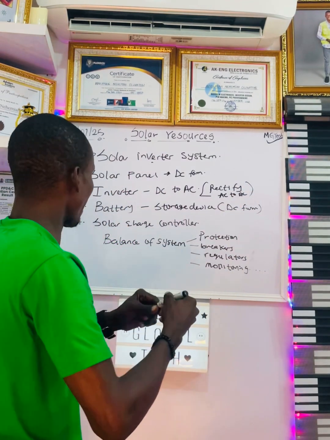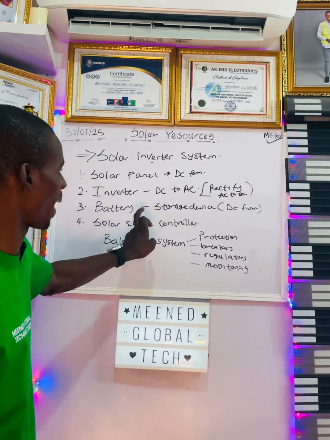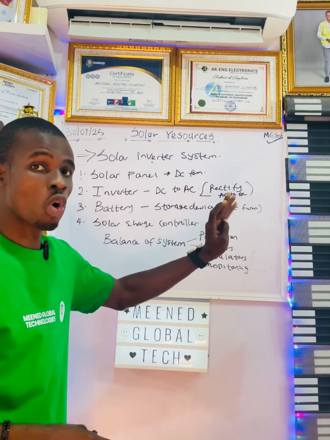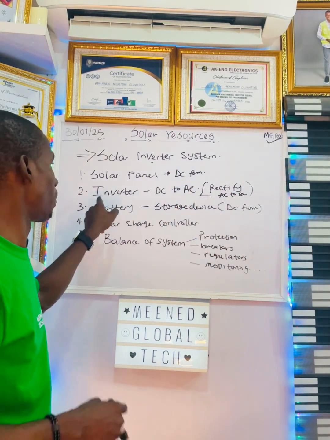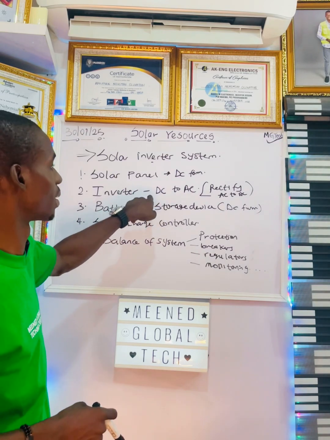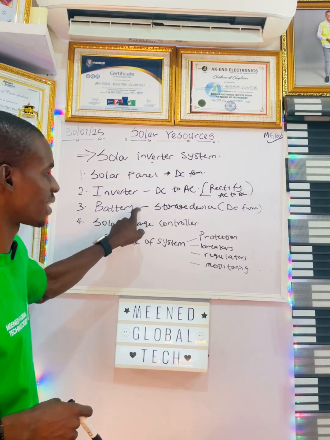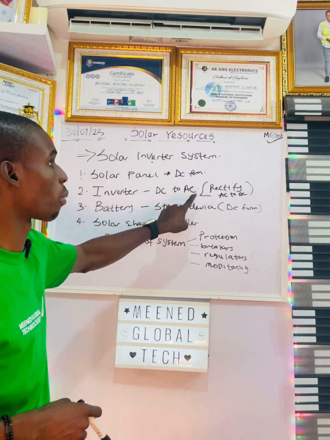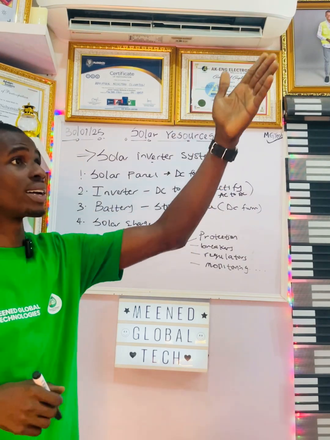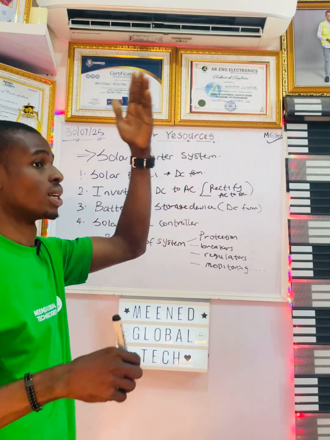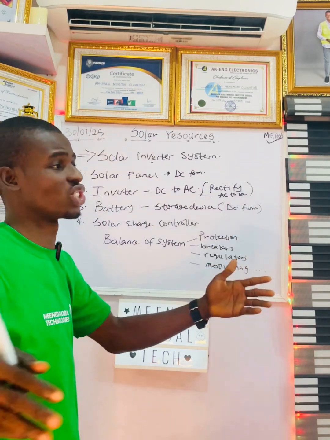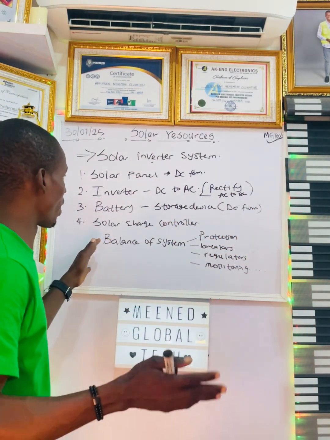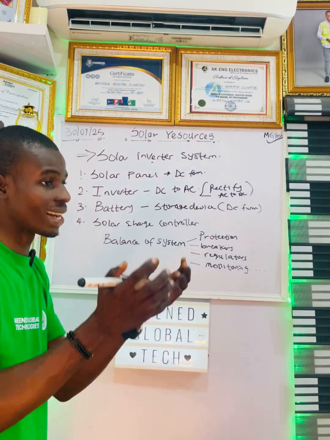So your inverter as well has the capacity to charge back this battery, whether with gen or with NEPA. You understand? The basic function of an inverter is to invert, that is, convert the energy stored on the battery to AC form of energy, which is used in powering our devices, the bulbs, your pumping machine, water heater, and so on. So the battery stores the energy.